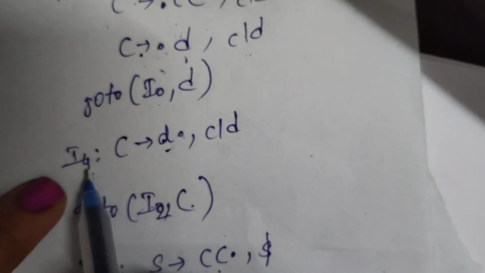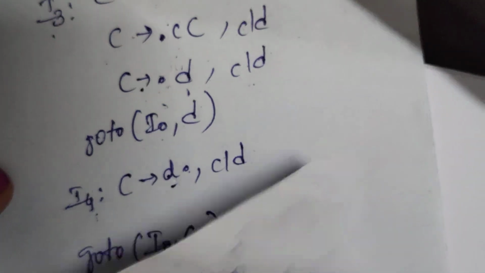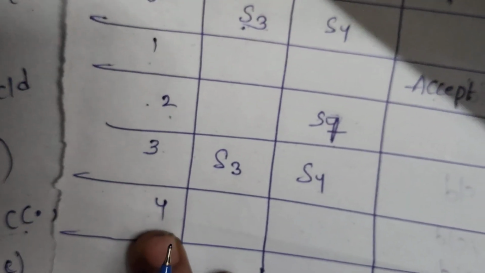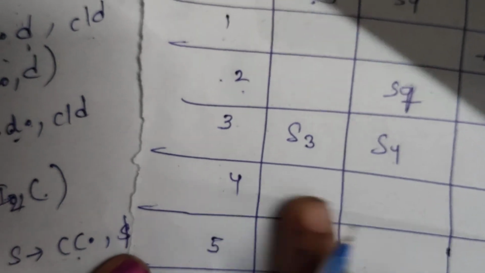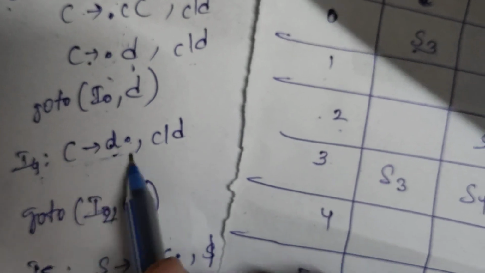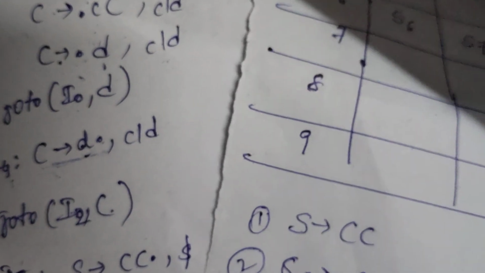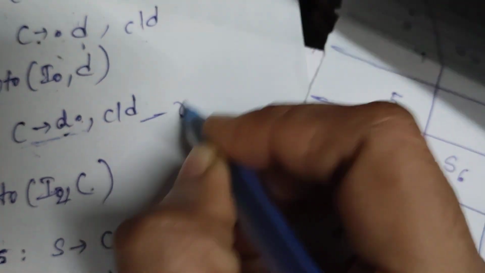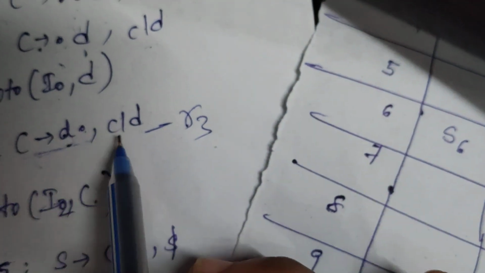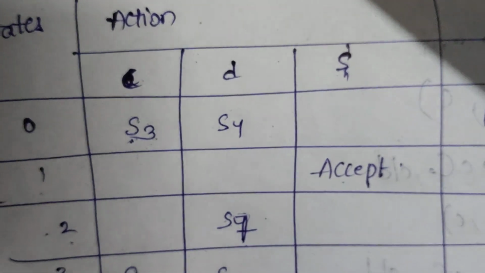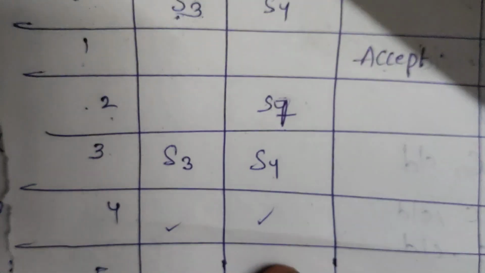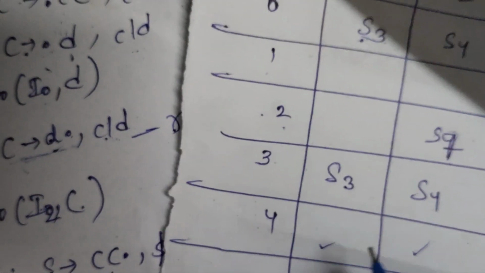So in I4, what is the production number? The production number is 3. So R3. What is the look ahead symbol? C and D. So in I4, in place of C and D, you need to write R3.